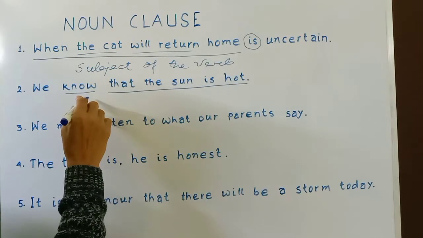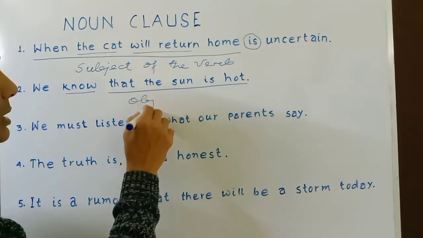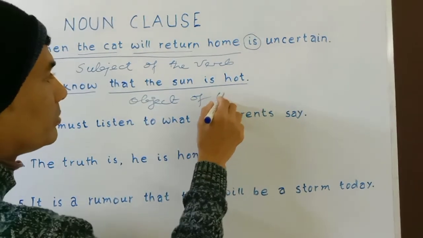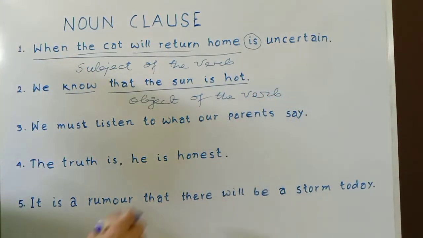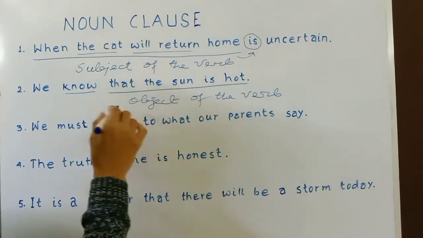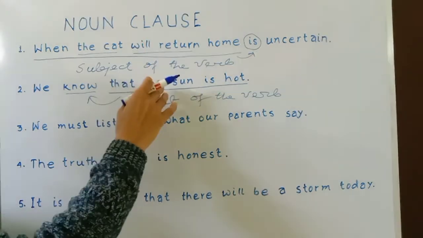This is the object of the verb know. So we will write here: object of the verb. Clear? So this part is the subject of the verb, and this part is the object of the verb. Two kinds.